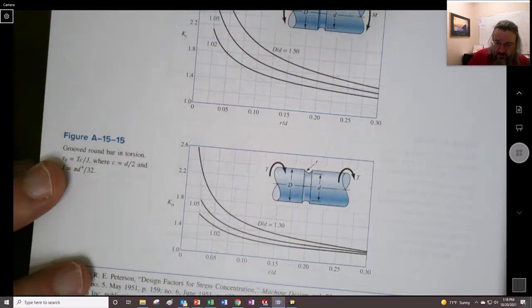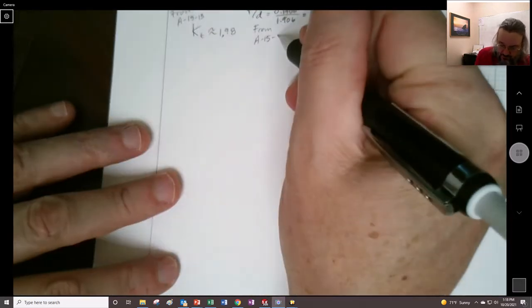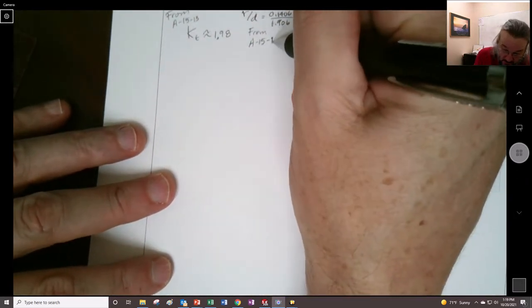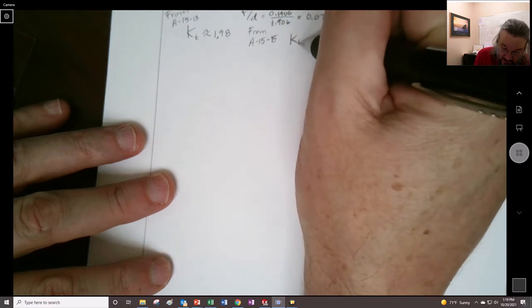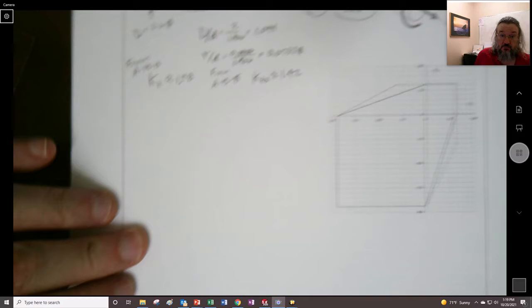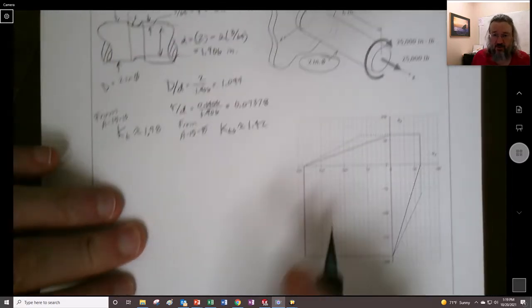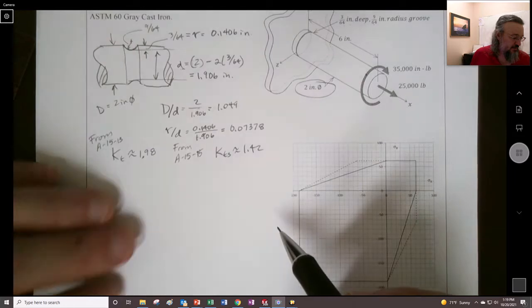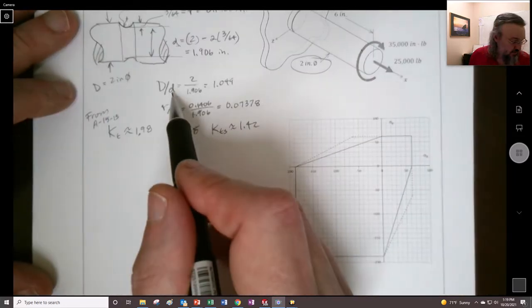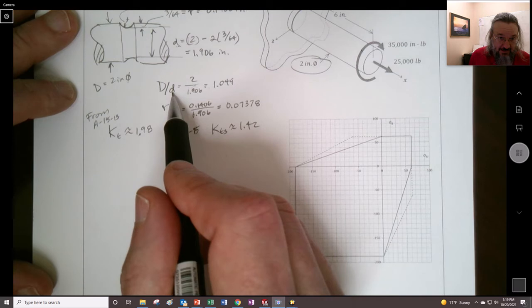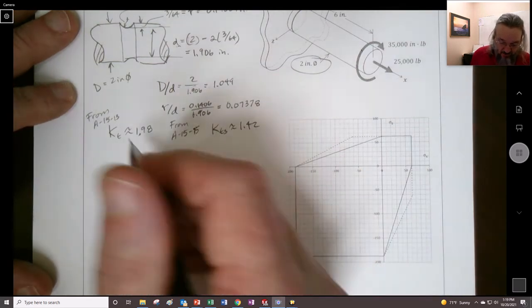And you can argue about this if you wanted to. We see that KTS is approximately 1.42. And you're going to use the little d as the basis for the nominal stress.